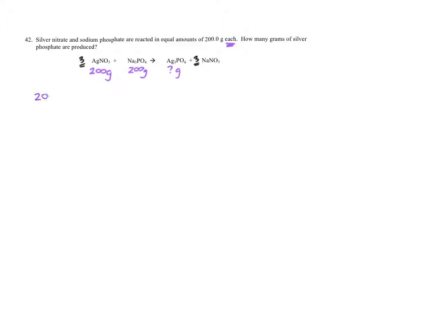So I'm going to take my 200 grams of each thing, and I'm going to turn them to moles so I can compare it to the mole ratio in the problem. That's why I'm doing this. So I can compare it to the mole ratio that's shown with the coefficients. So I'm going to have 1.177 moles of AgNO3.